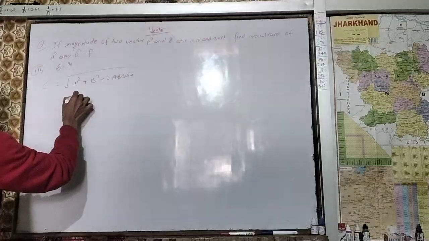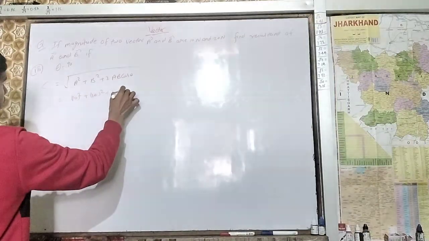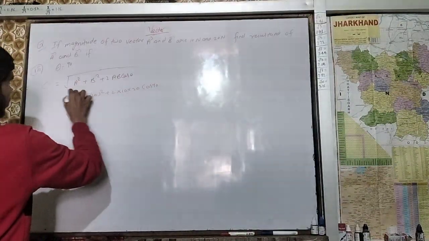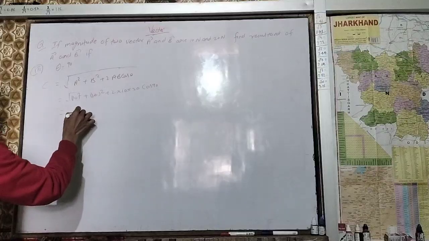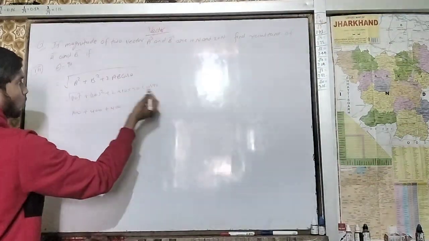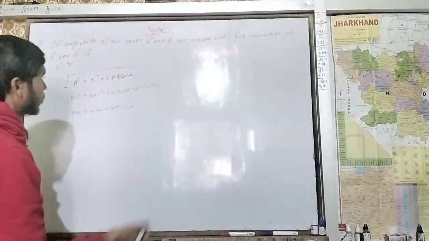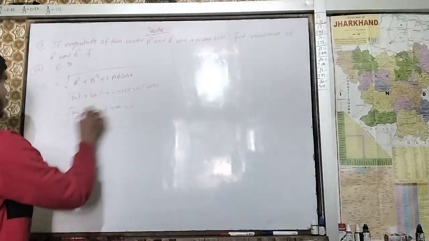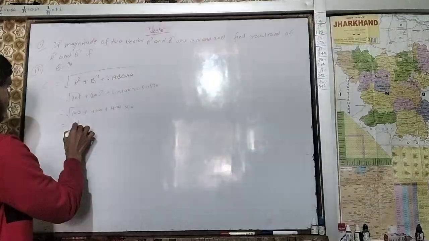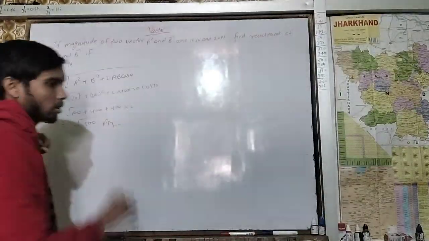A is 10, B is 20, 10 multiplied by 20 cos 90. 100 plus 400 plus again 400 cos 90, and cos 90 is 0. The value of cos 90 is 0. Now 100 plus 400 is 500. Yes, 500. This is our answer.